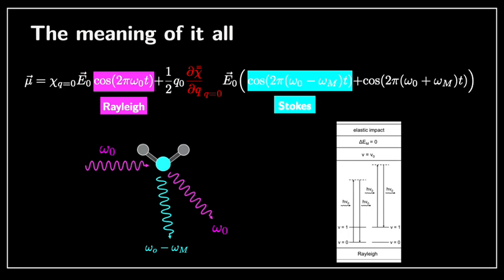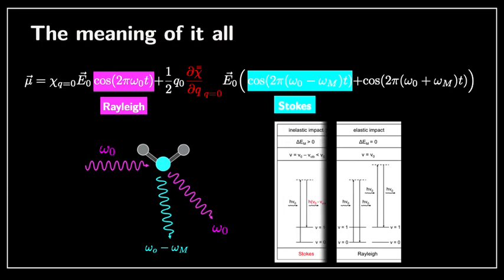Okay. If we look at the band diagram, we can understand the Stokes effect. In the Stokes effect, you start from the nu equals 0 state, which is the state of the molecule. The molecule absorbs h nu 0, or h bar omega 0, and then there is a relaxation. So basically, the material goes down in energy, but instead of going back to the fundamental nu equals 0, it goes to the vibration v equals 1.